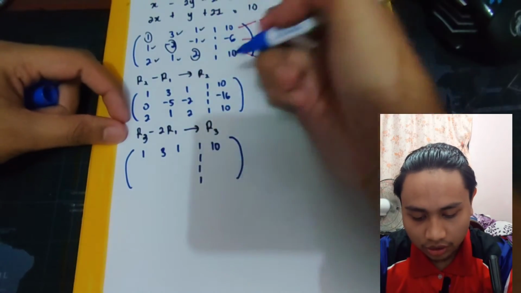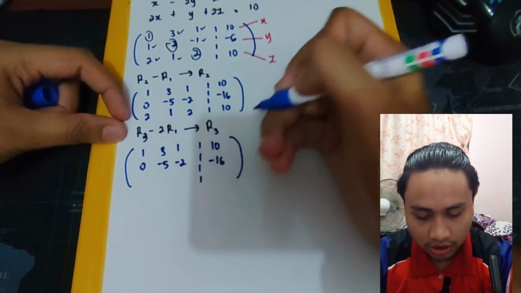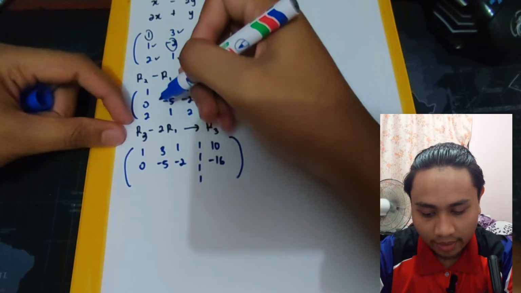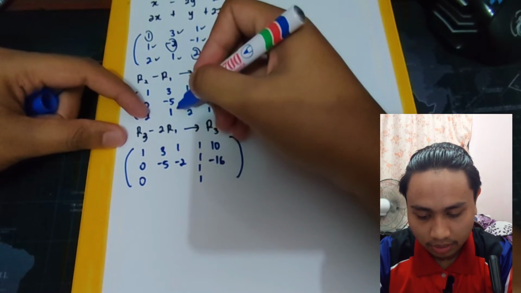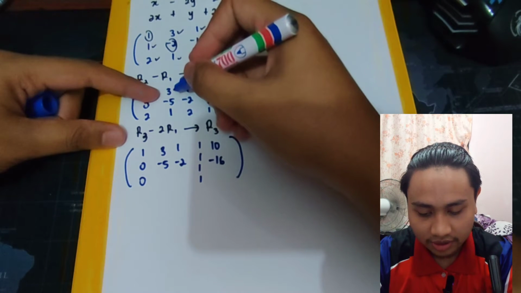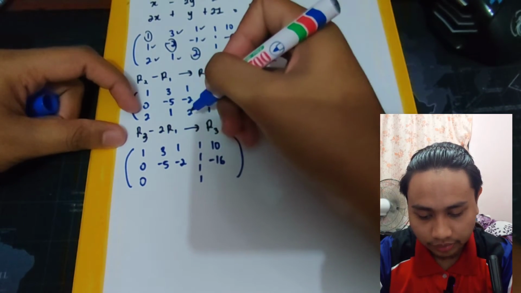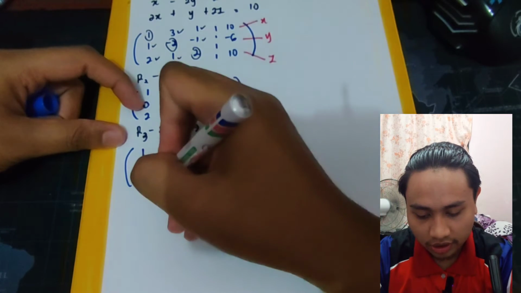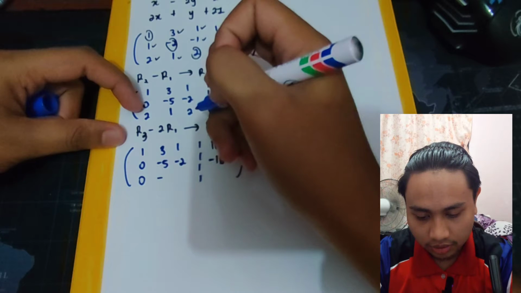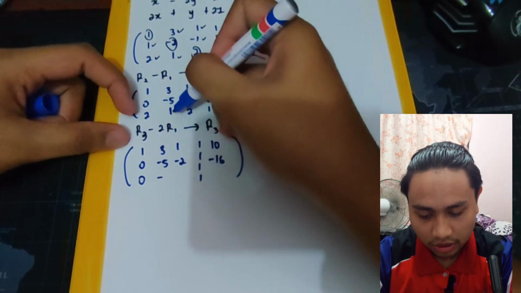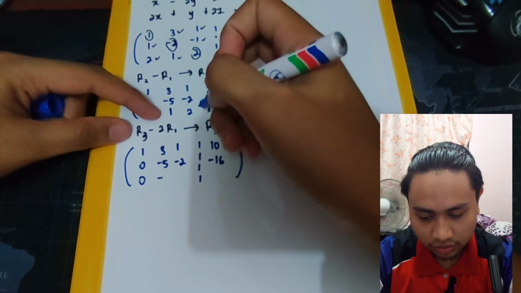Row 2 we write again. And row 3: 2 minus 1 times 2 becomes 0. 1 minus 3 times 2, which is 6, becomes -5, yes, negative 5. Then -1 minus 2 becomes -5, yes, -5.